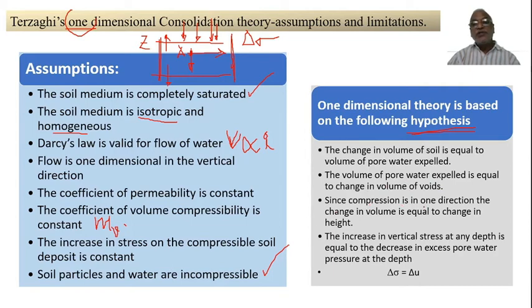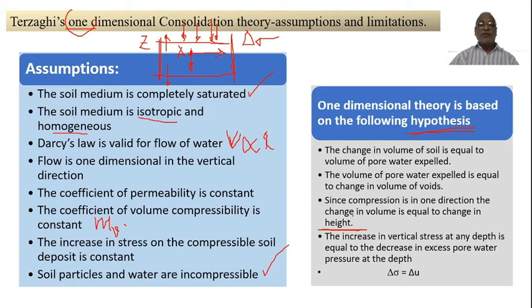Since compression is in one direction, the change in volume is equal to the change in height. This is more important, and we'll be using it at a later stage, but I'll come back and refer to this. Volume changes because of the height change. So here in this soil layer, whatever volume change is there, because of that the height will be changed.